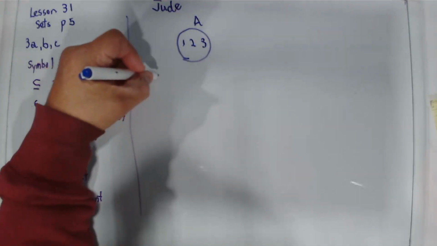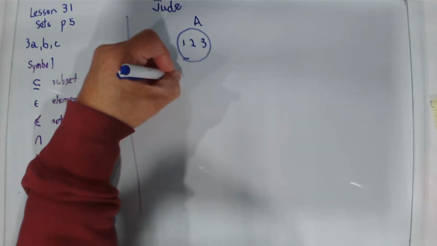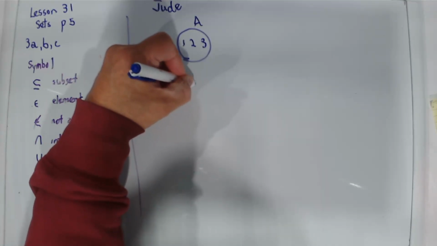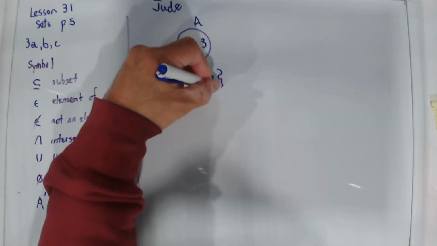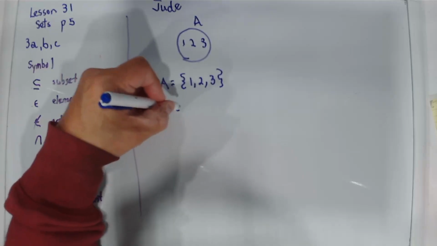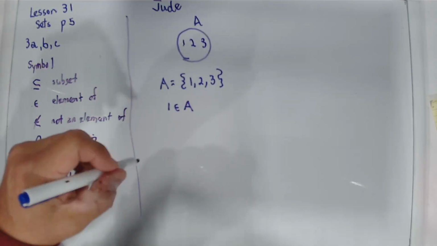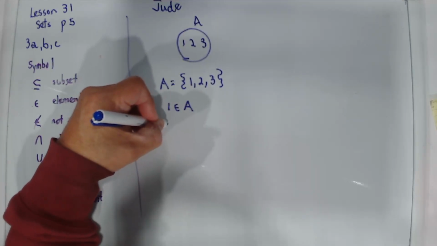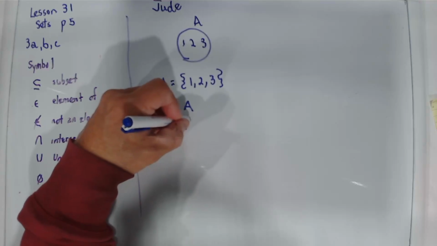Okay, so I would write that as A is equal to the set 1, 2, and 3. And I can say 1 is an element of A because I see 1 is in there. I can also write 7 is not an element of A.